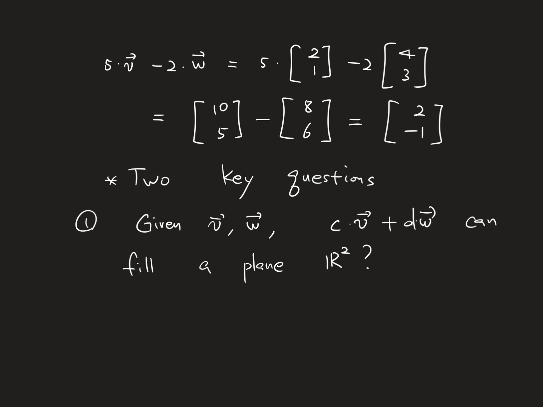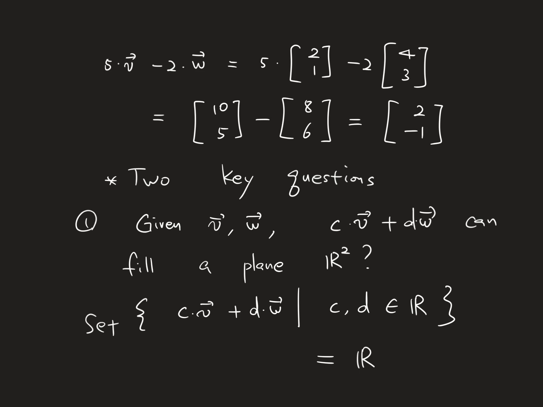That means it could be the whole space. What I mean is that we can think about the set of c times v plus d times w. This is the linear combination, and this is the set, where c and d could be any real number. The question is whether this set is equal to the R2 space, I mean, the plane.